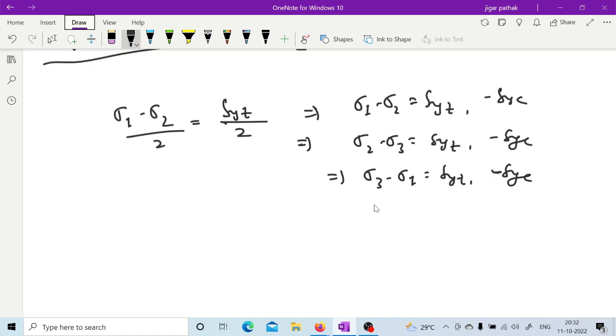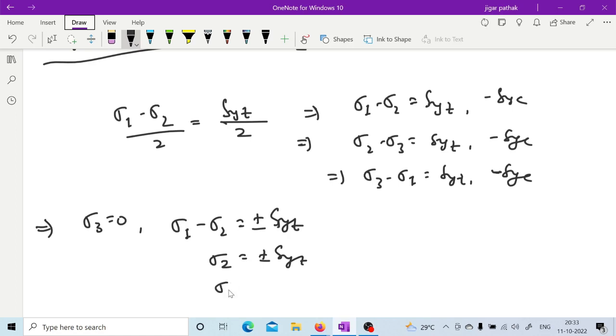Now this is the triaxial state of stress. If you go for the biaxial state of stress and you make sigma 3 equal to 0, then what you can write is sigma 1 minus sigma 2 is equal to plus or minus Syt. If we are considering tension only, then sigma 2 is equal to plus or minus Syt, and sigma 1 is equal to plus or minus Syt.